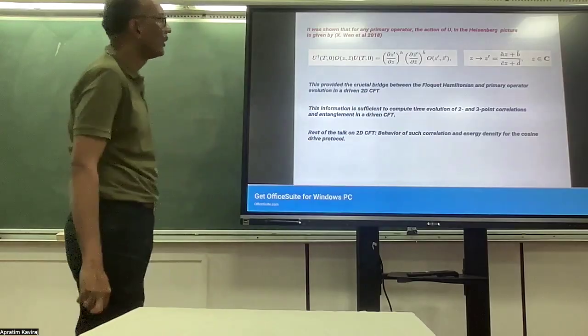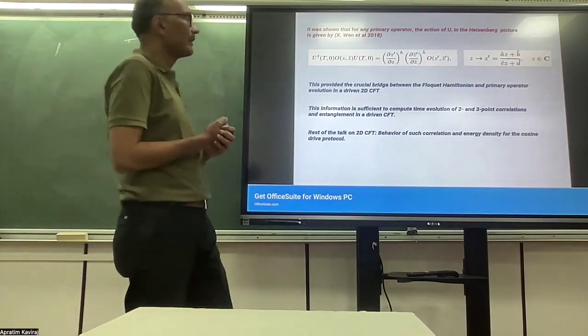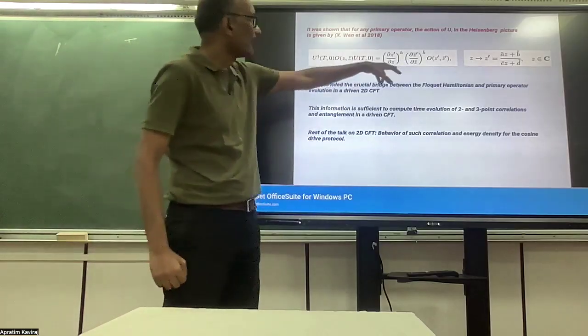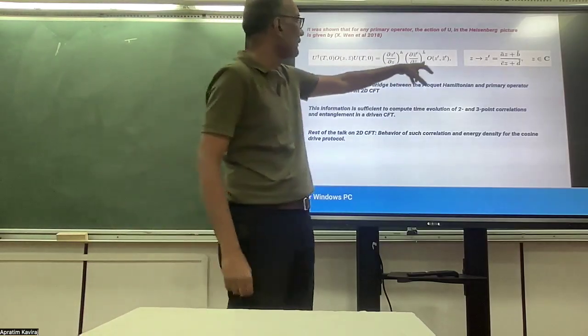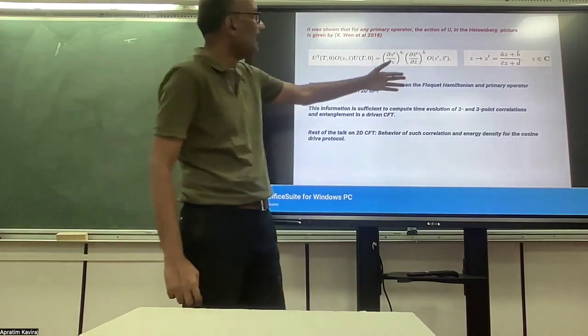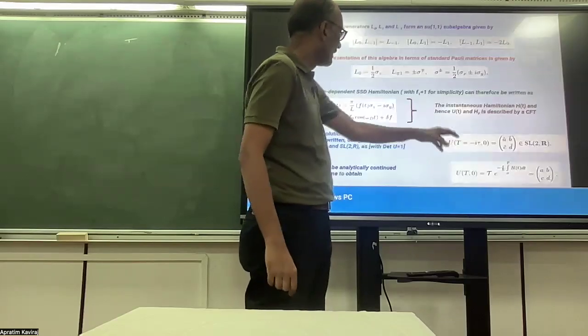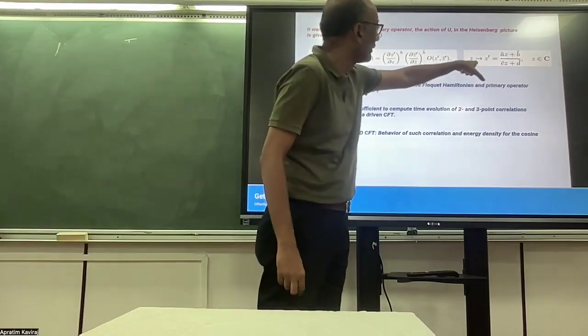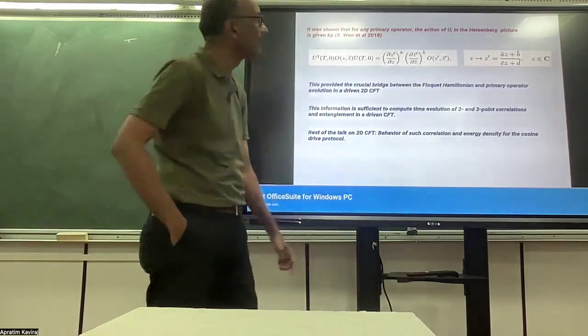And then the question is, how would the operators of the CFT transform? Apparently it's just a coordinate transformation with some derivatives, which was shown in this paper. But this is the general thing, because this kind of evolution essentially goes to a modular transformation like this.